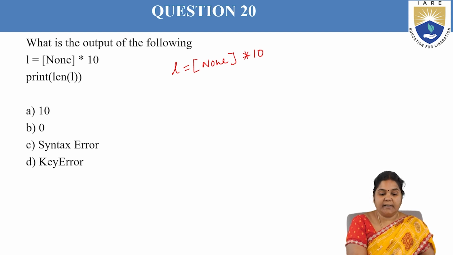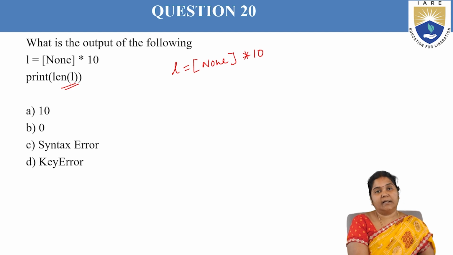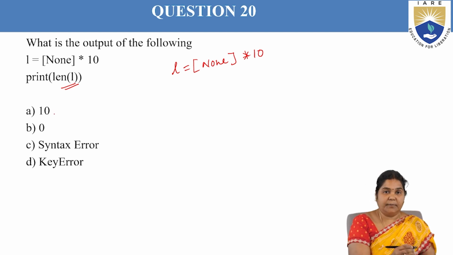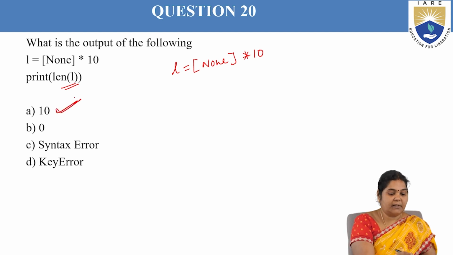If you create a list with None 10 times and print the length of L, then it is 10, because the list contains None 10 times after repetition. So the output will be 10.